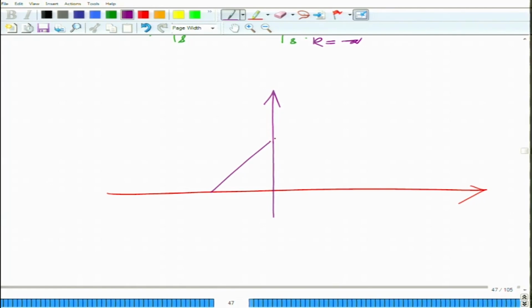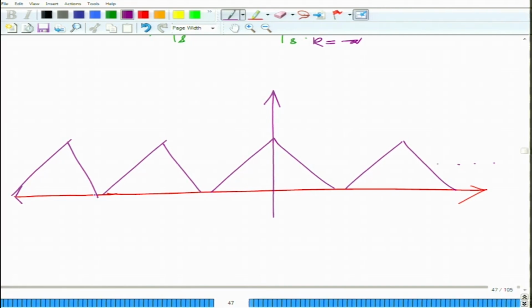You have one, you have another that is shifted, and another that is shifted, and another shifted to minus 2 omega s. So this is shifted to omega s, this is 0, this is minus omega s, minus 2 omega s.